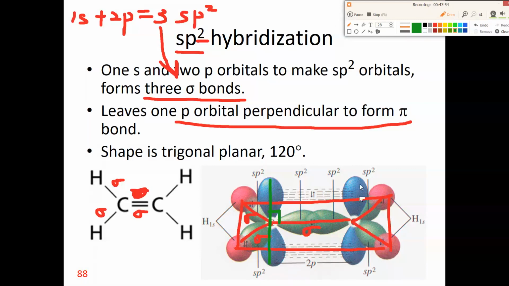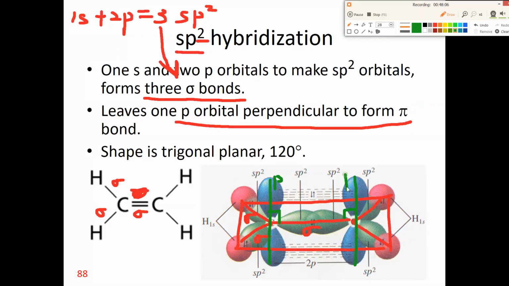This one here is also 90 degrees to the red plane. This is a 2p orbital, a p orbital here, a p orbital here, and another p orbital.